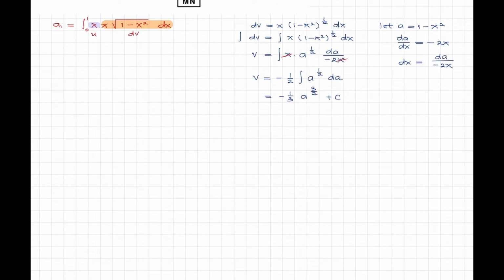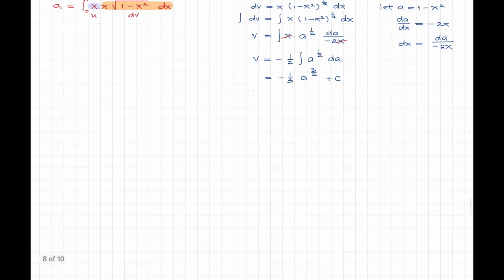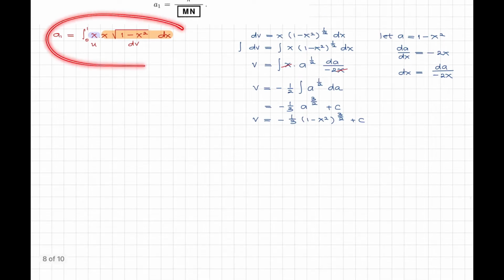And then just substitute back a, which is 1 minus x squared. I will get v equals minus 1 over 3 times 1 minus x squared to the power of 3 over 2, plus c. We already have the variable v here. So let's go back to the question.